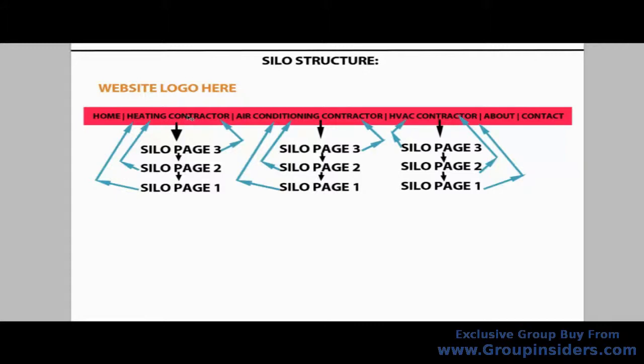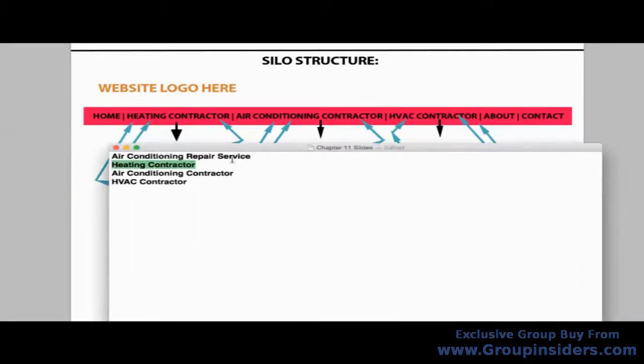Now for the titles of the silo pages, for example, air conditioning repair service, let's make a page on how to clean your air conditioning unit. Let's make another page on how long to run your AC.